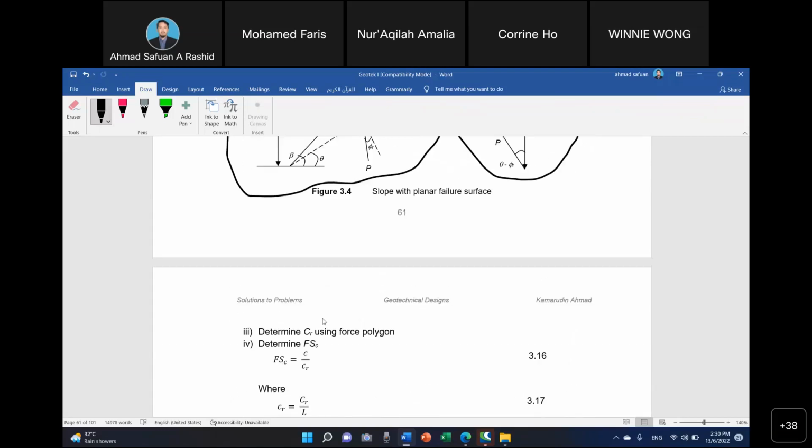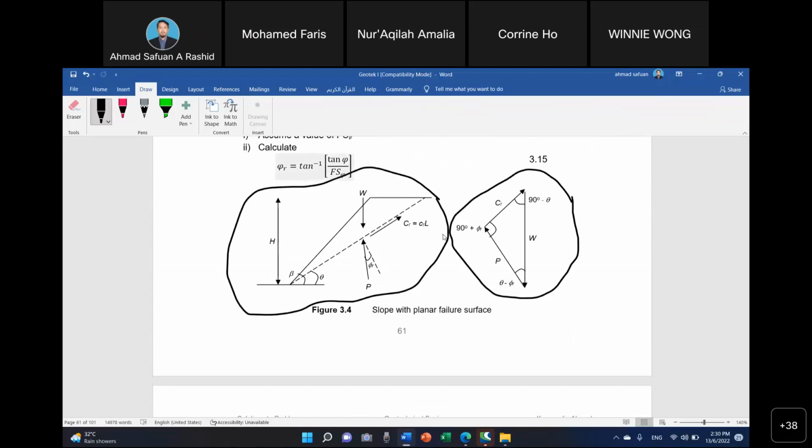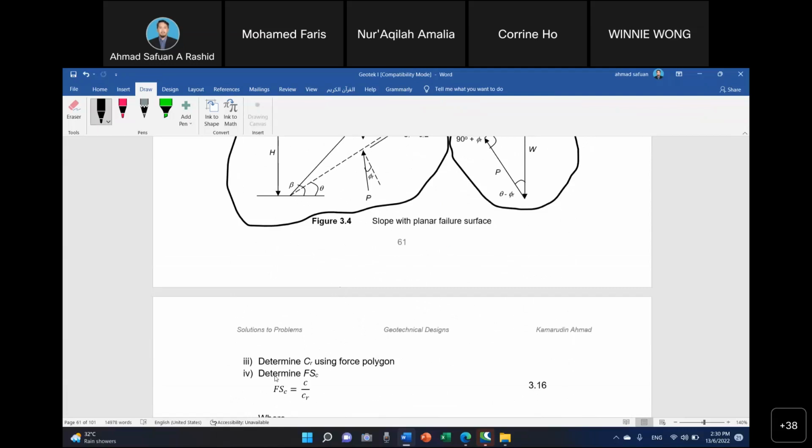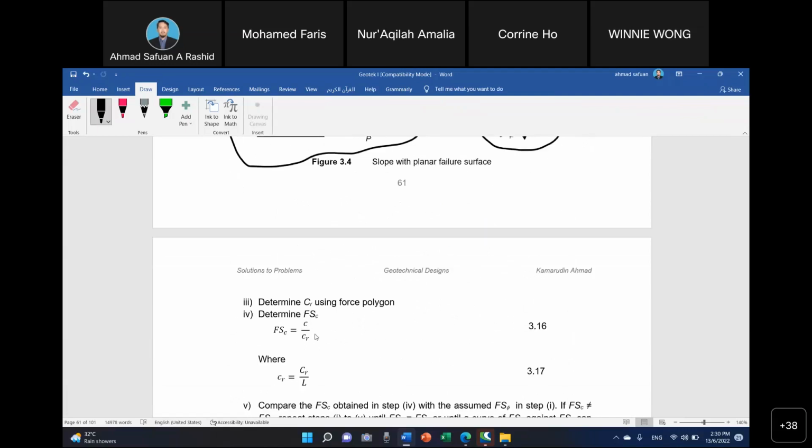Then determine CR using the force polygon. I will explain later using an example. Then determine FSC, which is the ratio between C over CR. Then we may get the CR value based on this equation.